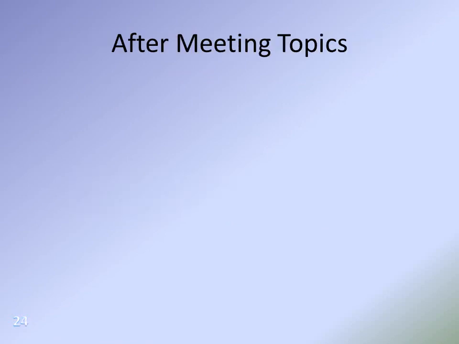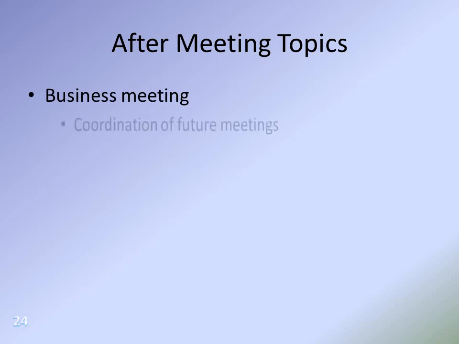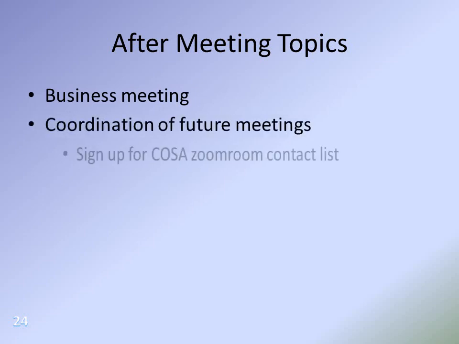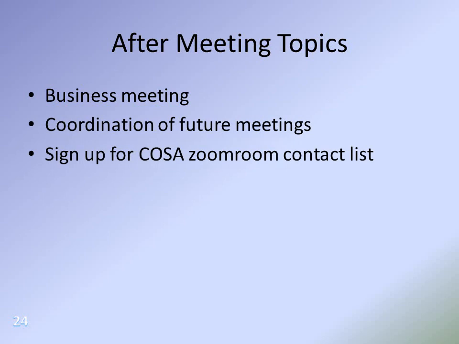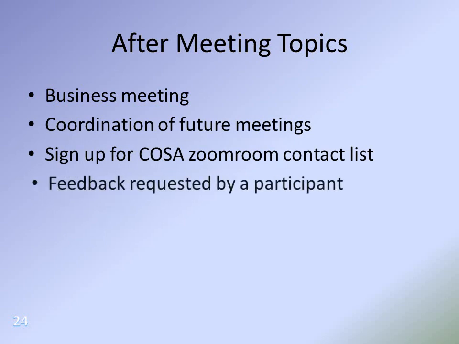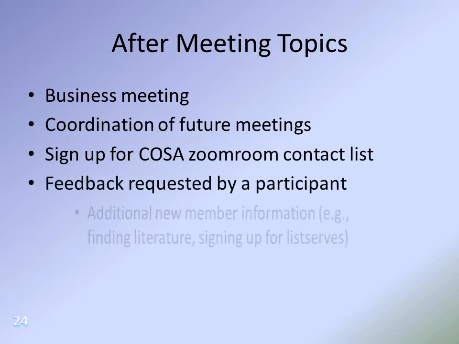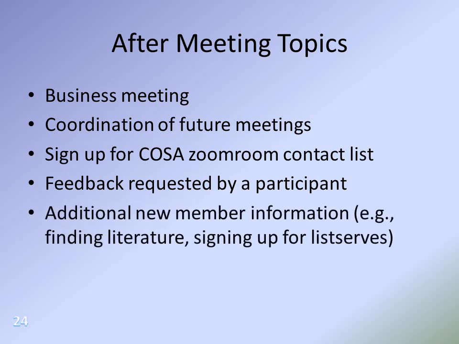The meeting has ended, but the lead may want to allow time for a business meeting, coordination of future meetings, sign up for COSA Zoom Room contact list, requested feedback, welcoming new members more fully, like answering questions, offering literature on the COSA Recovery website, offering support via phone, email, or contact list, or just general chat.